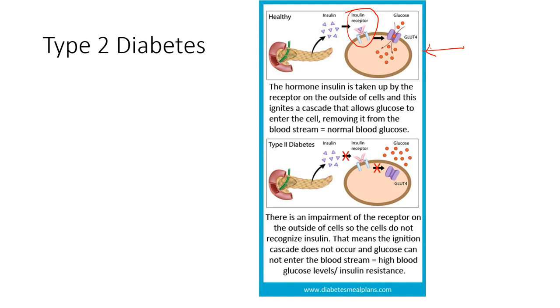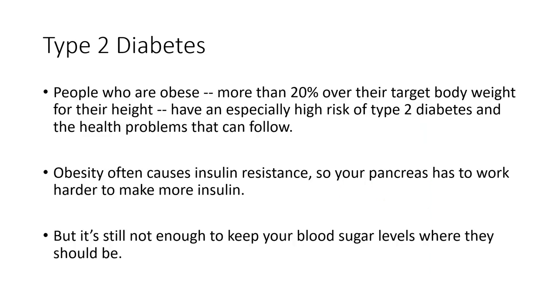That insulin receptor is binding to that insulin, and then glucose is freely allowed to come into the cell when the insulin is present. However, with type 2 diabetes, the insulin receptor is still there. The insulin is present, but it's not connecting with that insulin receptor for whatever reason. So the glucose stays in the blood and does not enter the cells.